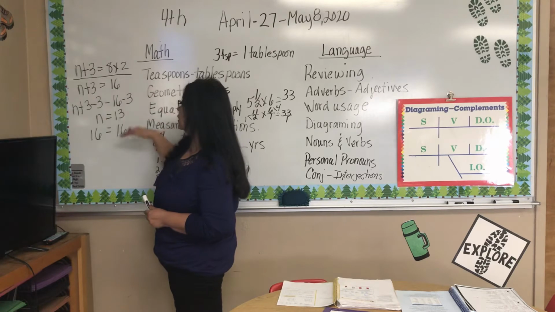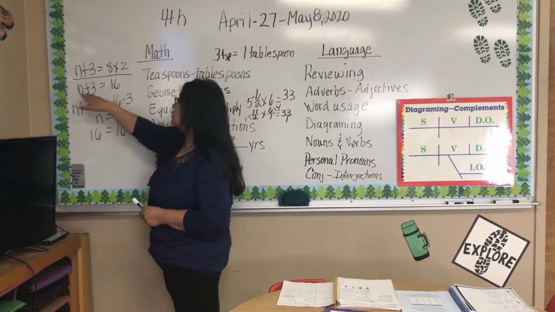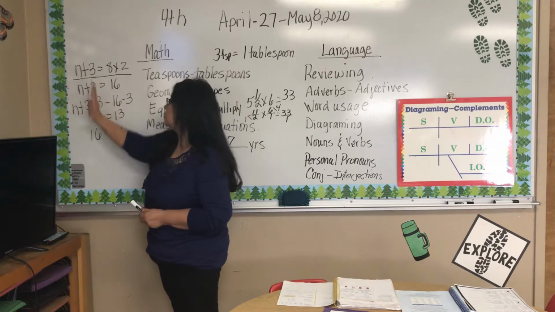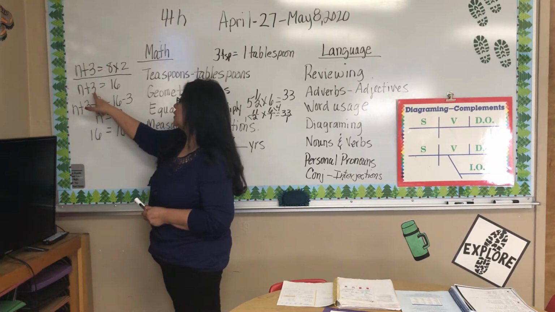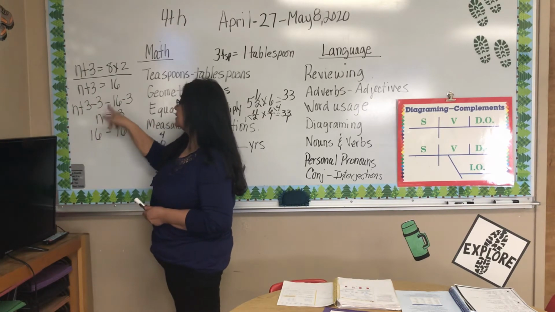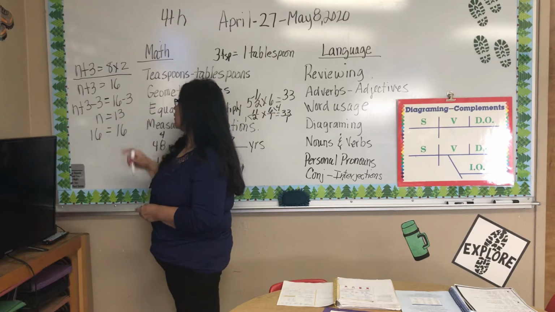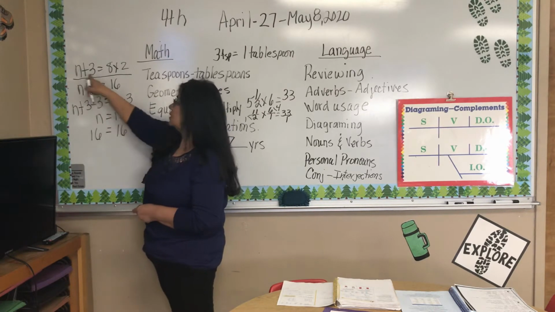So when you do your equations, make sure you're doing your steps to your equations. Okay, so you're doing N. You're answering what is on this side and you're answering what is on this side. N plus 3 equals 16. N plus 3 take away 3 is the same as, or it equals, 16 take away 3. So N is going to be 13.